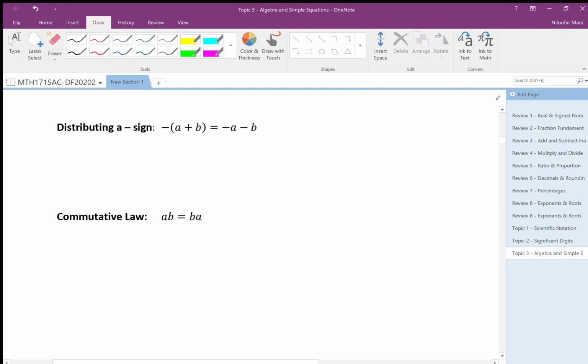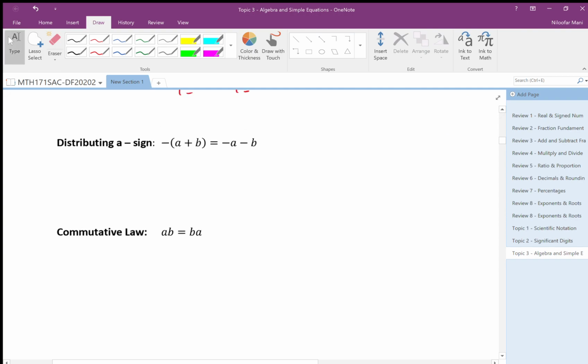How about distribution of a sign? See, I have a sign outside a bracket, for example a negative sign. Remember, you have to change the sign of each term inside the bracket if you have a negative outside the bracket. Sometimes I see a student just change the first one, so they do minus a plus b minus c.